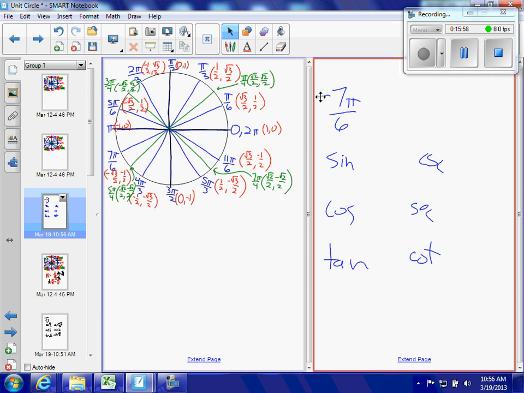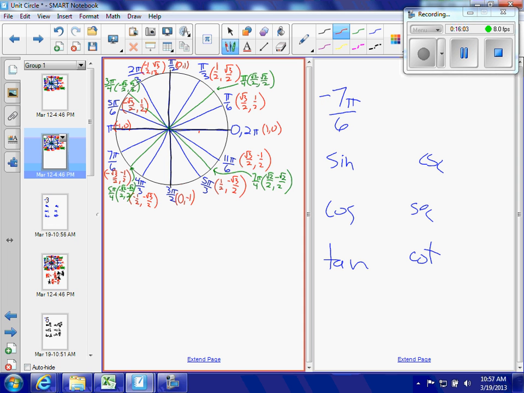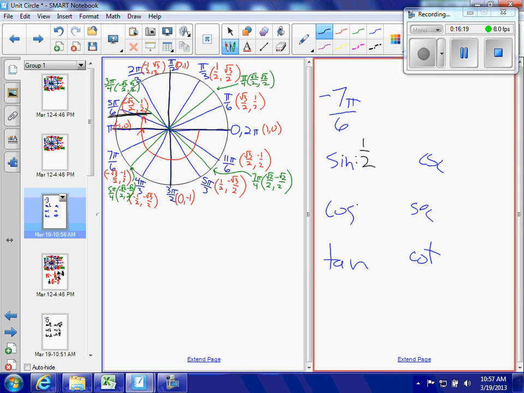Well, I'm going to start at the beginning here, and I'm going to go negative 6 pi over 6, which takes me over to pi. And then I want to go 1 more pi over 6 negative. So it is the same coordinate on the unit circle as 5 pi over 6. So my sine is the y value, 1/2. My cosine is the x value, negative radical 3 over 2.